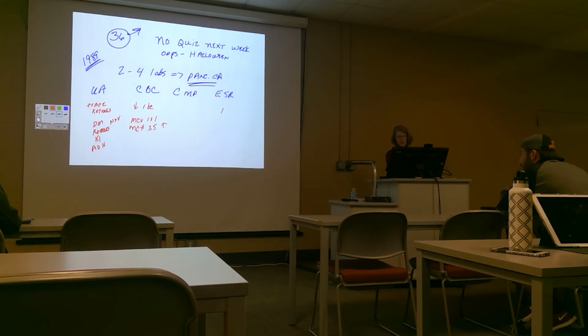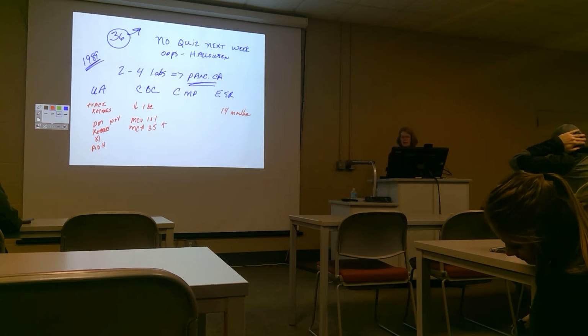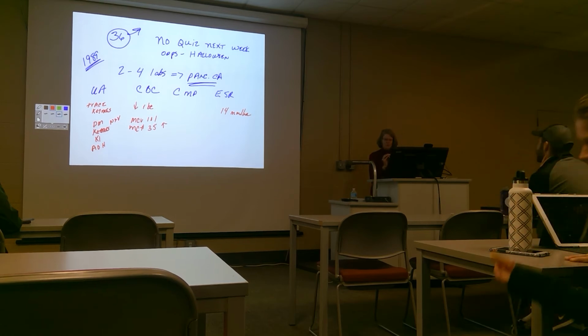Let's go backwards and talk about the sed rate. If you had pancreatic cancer, would you assume your sed rate would be 14 or a different number? I would expect it to be a little bit higher than 14. That's a perfectly normal sed rate, so it kind of pulls you away from that particular diagnosis.